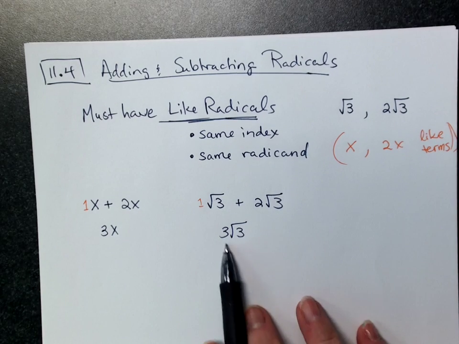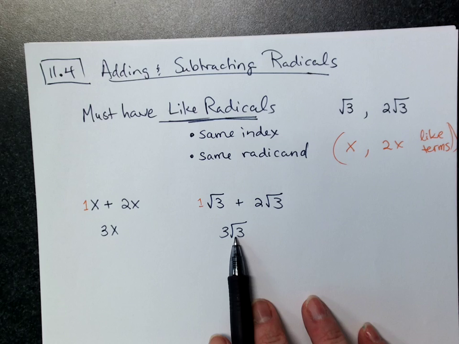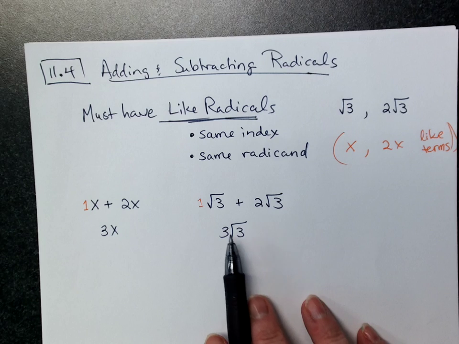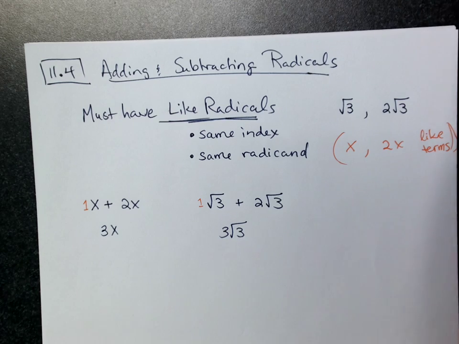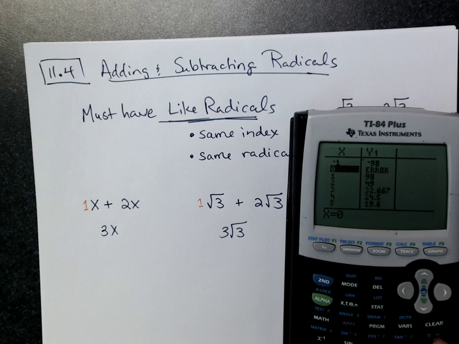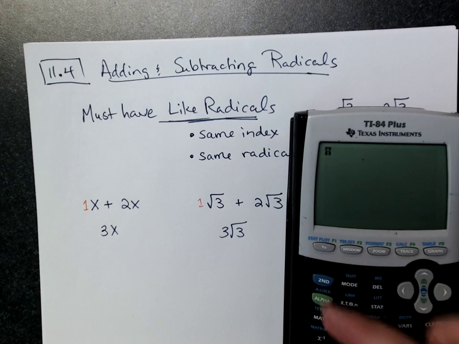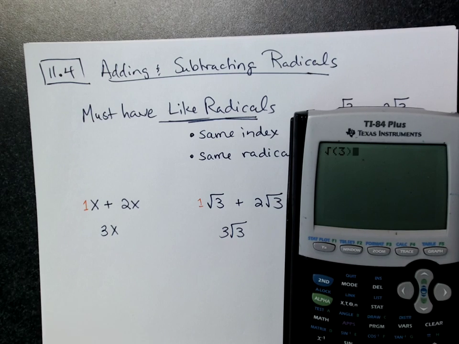Now, can we do anything to put these together? I mean, they're both 3's, right? Are these both 3's? No. Ah, no, they're not. Why aren't they? That one's square root of 3. 3 has one value, but square root of 3 is not actually 3.